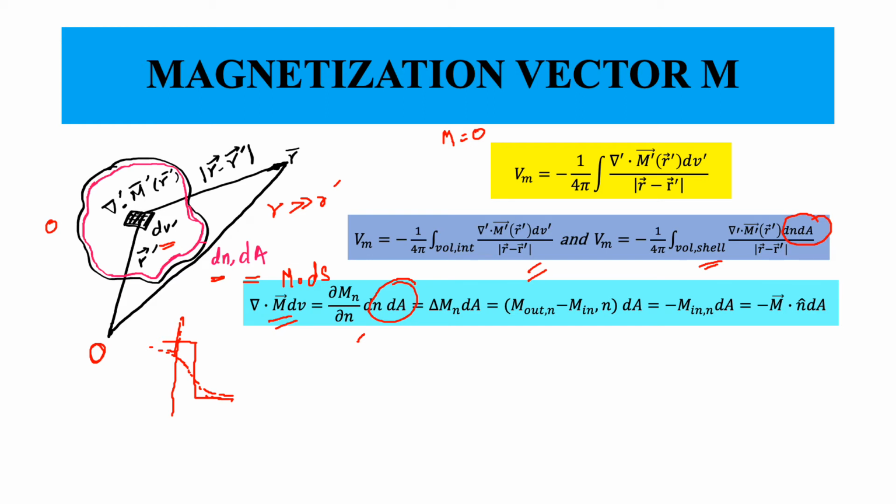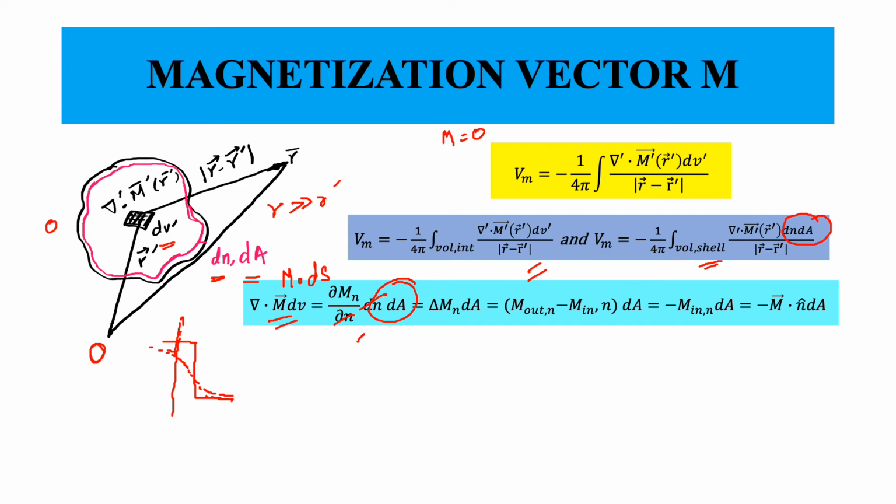This is nothing but the total change in the normal component of the magnetization multiplied by dA. Now this partial M_n by partial n can be written as delta M_n dA, and the dn will get cancelled out.